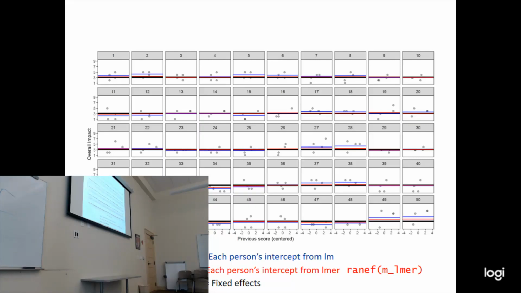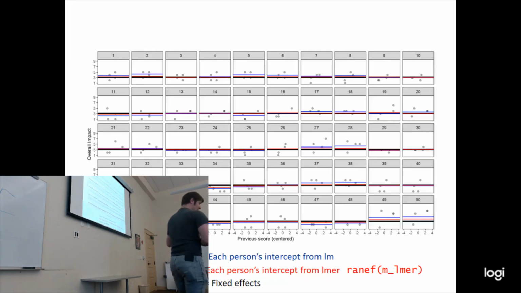Anybody notice anything else? It kind of looks to me like the fixed effects is closer to the red line in most cases. Yeah, well, let's look through the panels. So here, the red line is closer to the black line. Here, same. You got it.